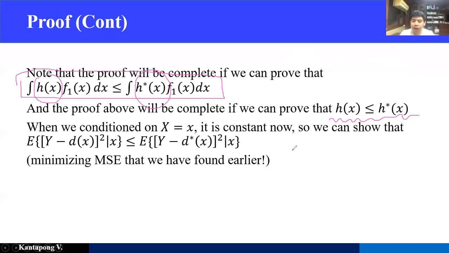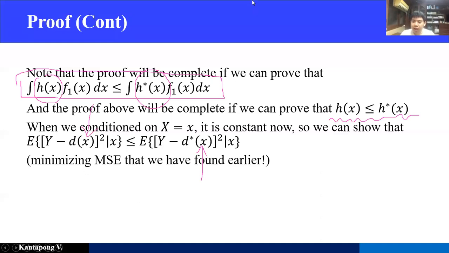When we condition on x equal to little x, it is a constant now. So we can prove this one, taking x as a constant for every x. So we can find that it is minimizing the MSE that we found earlier.